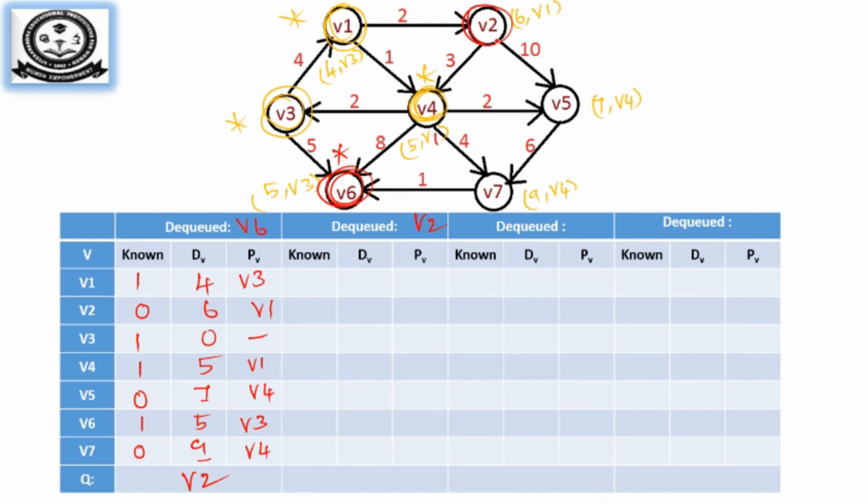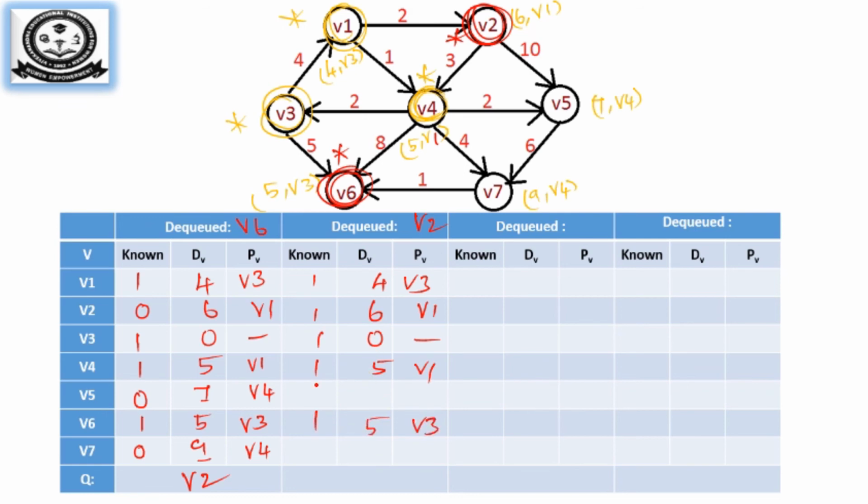So let me put a star over here. V2 is visited. So I will make the other vertices the same: 6 from V1, 1, 0 dash, and 1, 5, V1 and 1, 5, V3.